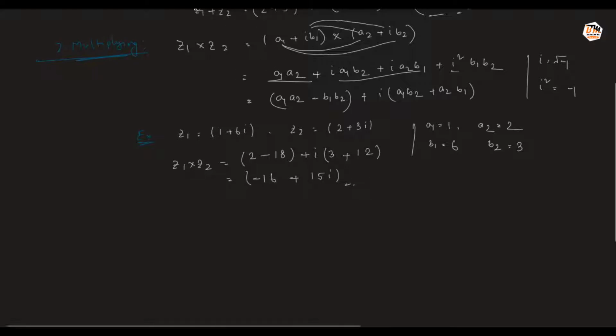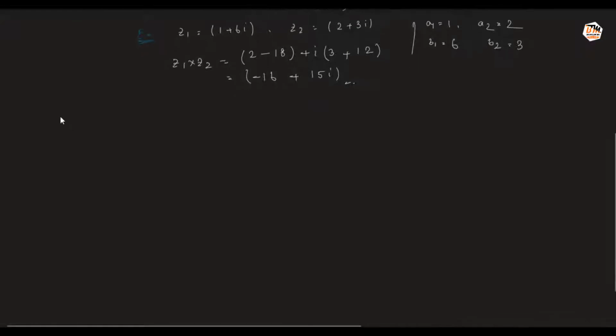So let's now subtract two complex numbers. Subtracting: z1 minus z2, we subtract z2 from z1, that is a1 plus i b1 minus a2 plus i b2.